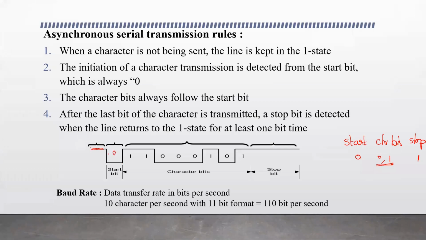The 0 bit is placed, indicating the start of the character, and then the data bits are placed. Here the data bits are 1 1 0 0 0 1 0 1. These are the character bits. Once the 8 bits are over, then comes the stop bit. The stop bit is 1 here.